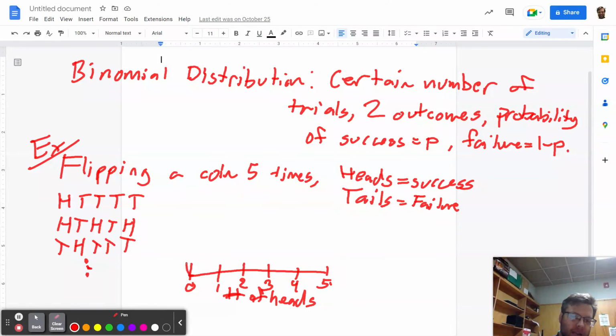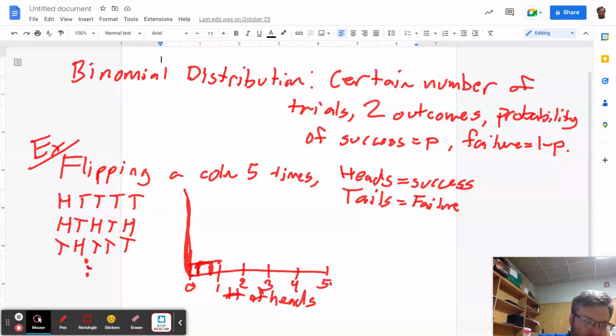And on the y-axis is the probability of each of those happening. Well, there's only one way to get 0 heads. It would be all 5 of them are tails. And that happens with a 1/2 probability 5 times in a row. So 1/2 to the 5th power, 2, 4, 8, 16, 32. So this would mean that here, 0, I can represent it with a bar, and it should be disconnected from the other ones.